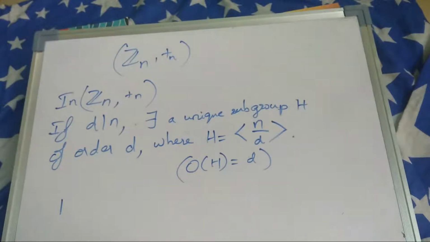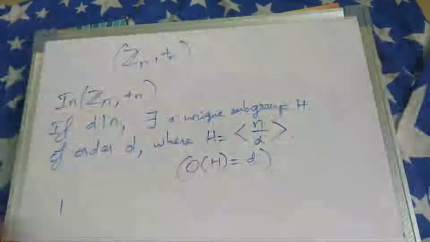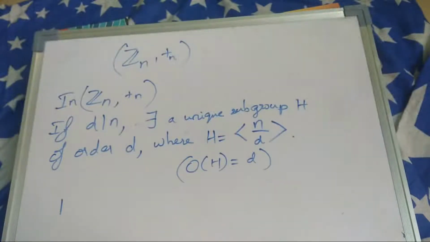So in Zn, one is a generator for every n, and hence Zn is always cyclic. That is why we have this result. I am repeating from the first: given any n, Zn is always cyclic under addition modulo n. Maybe I will list down all the examples.